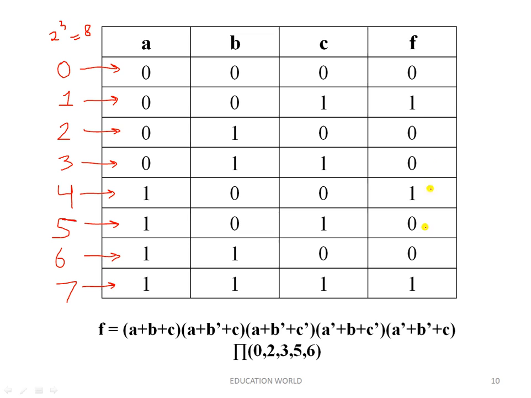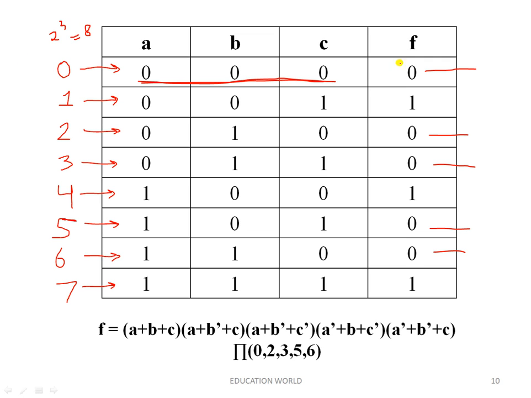Now we will see the zero values. In the case of product of sum, we look at the zero values, but in the case of sum of product, we look at the one values. So these 0 values are considered max terms. To form a canonical product of sum expression, where f is 0, we will see the values of a, b, c, and convert this binary value into a decimal value.